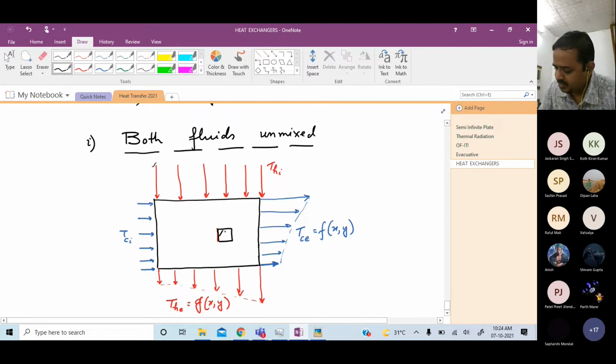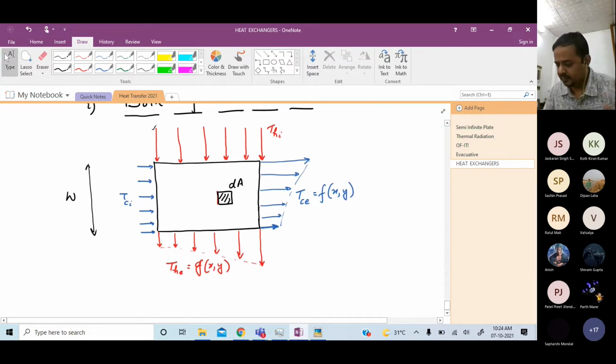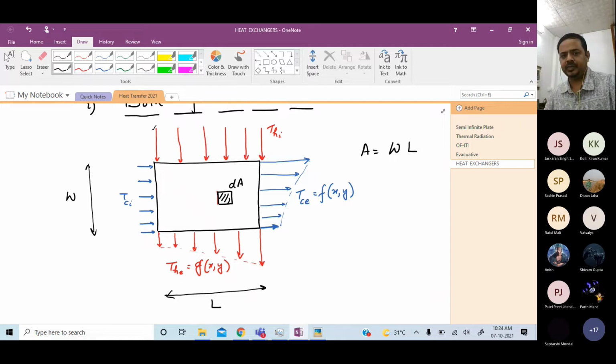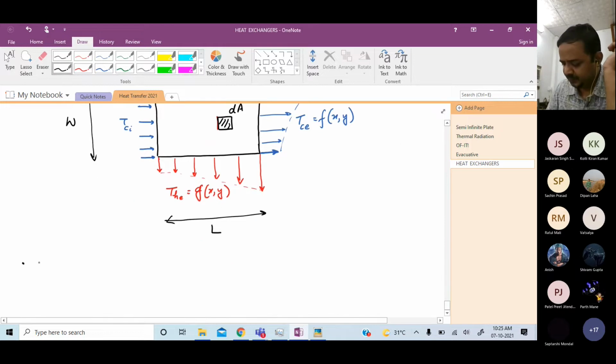If I take a small area dA, let me say that this is W and this is L, so that A is equal to W times L. So what have we discussed here? THI and TCI are uniform at inlet.